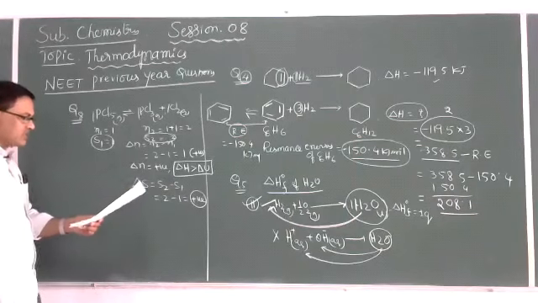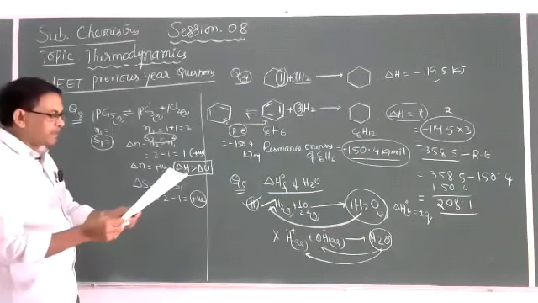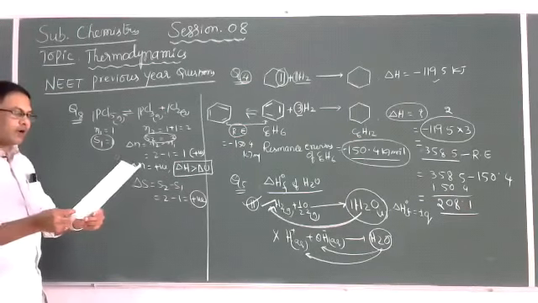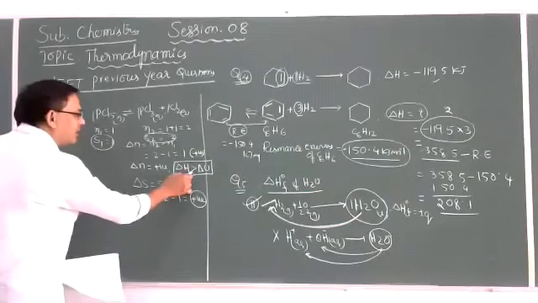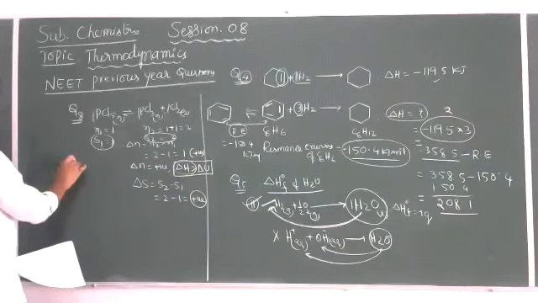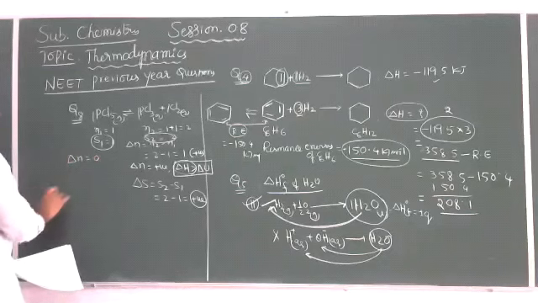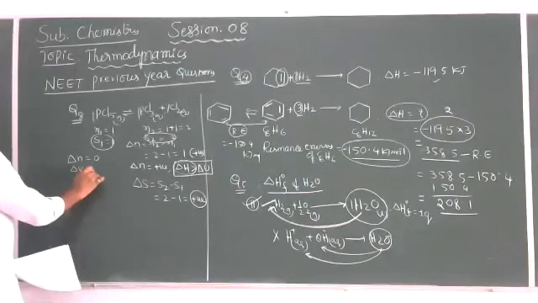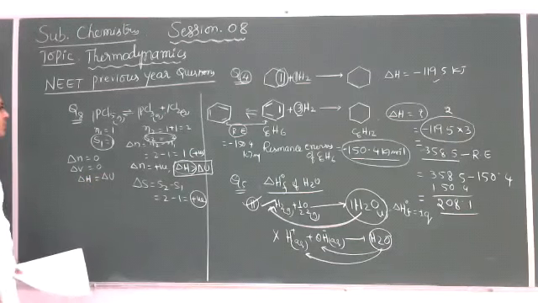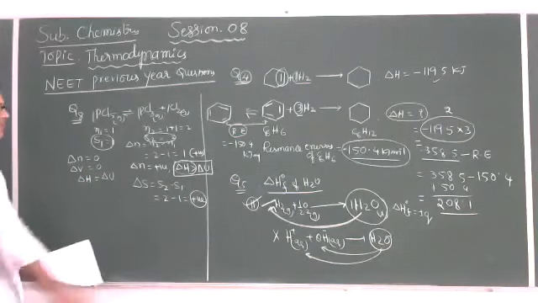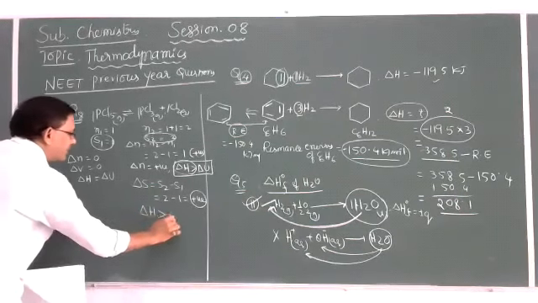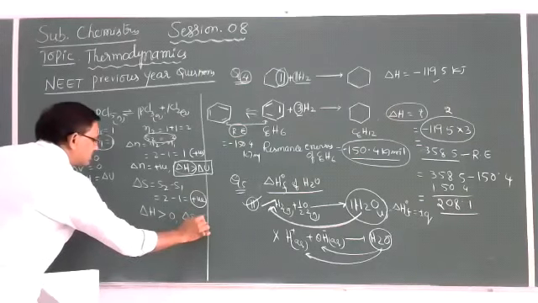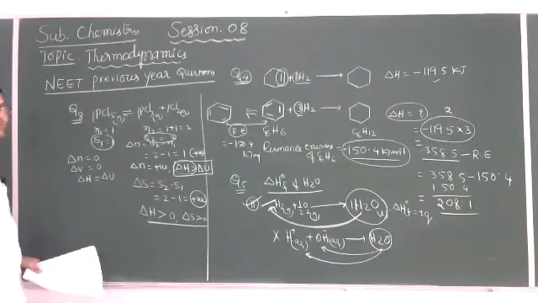So by using this, the question asks in which of the following conditions are correct. If delta n is equal to 0 or delta V is equal to 0, delta H is equal to delta U, both are equal. But here it is greater, that's why delta H is greater than 0 and delta S is also greater than 0.